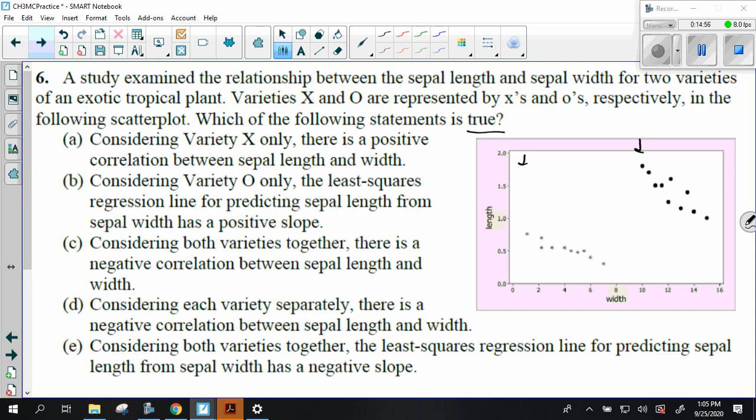All right, so we're just looking at this data here, okay? There's a positive correlation. No. All right, that one's out. Deduction. Considering variety O only, the least squares regression line for predicting sepal length from it does not have a positive slope, right? That would be looking something like that. So that one's out.